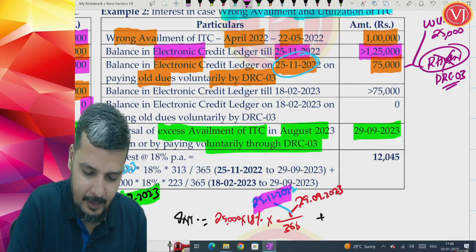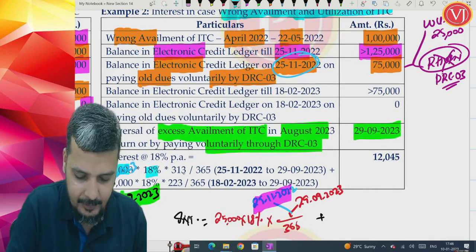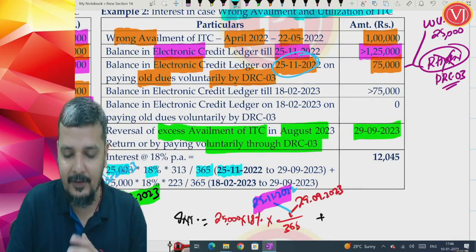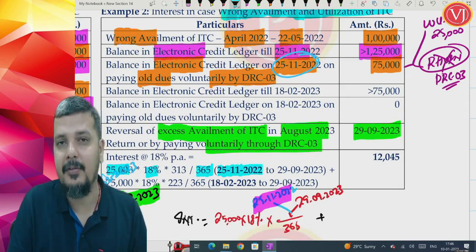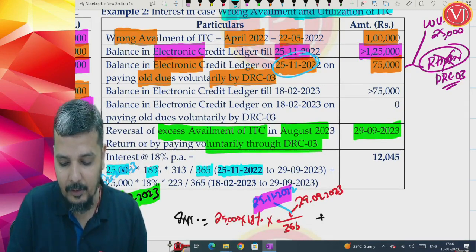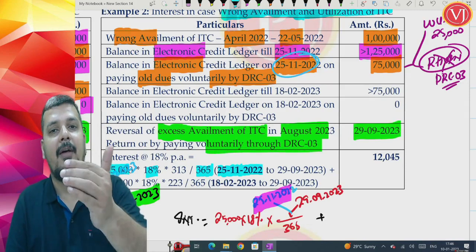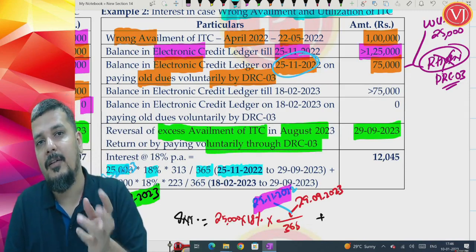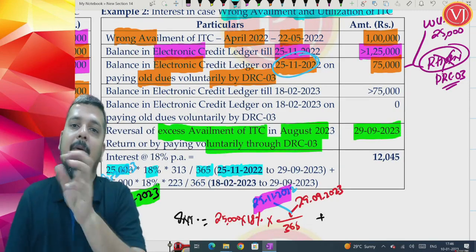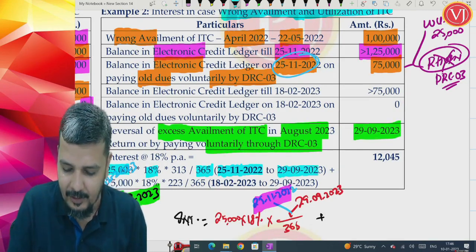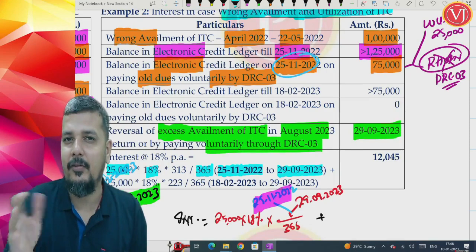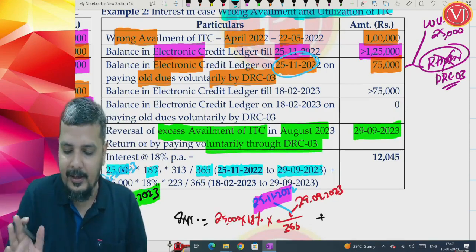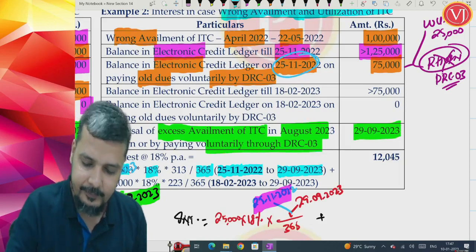The first part would be on my 25,000, at 18%, multiplied by the number of days, starting from 25th of November 2022, which is when my credit balance falls below the wrongly availed ITC, not because of filing a particular return but because of the DRC 03 challan, till the actual date of reversal. That actual date of reversal may happen through return or through DRC 03, that really doesn't make any difference.